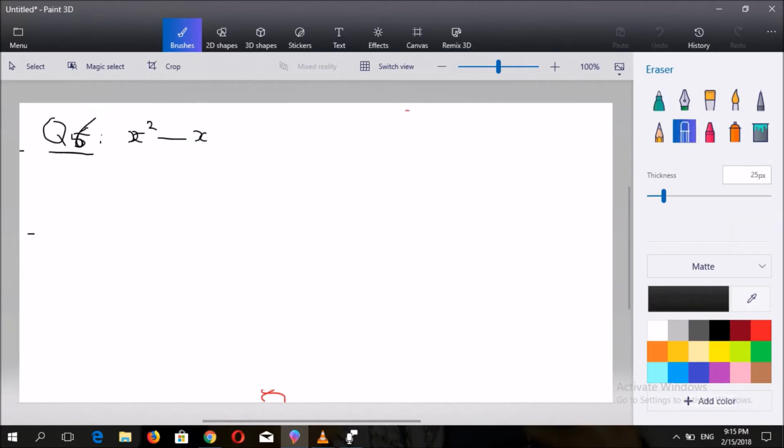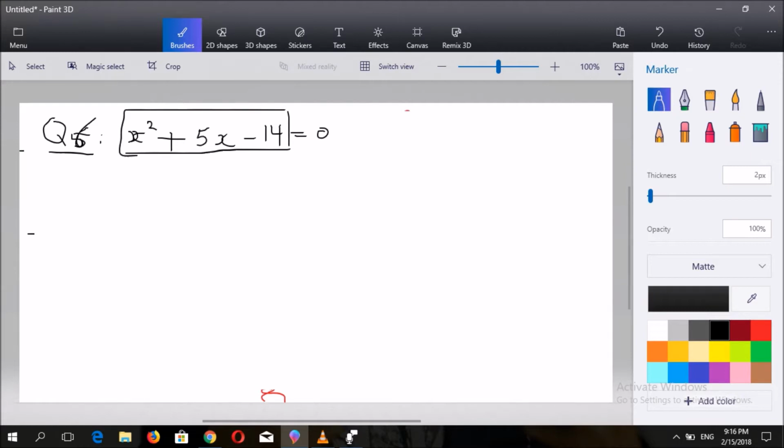This is what it means by solving the equation. So in this case, you have to allow only the variable x to be on one side of the equation, and you need to move all other terms of the equation to the other side.